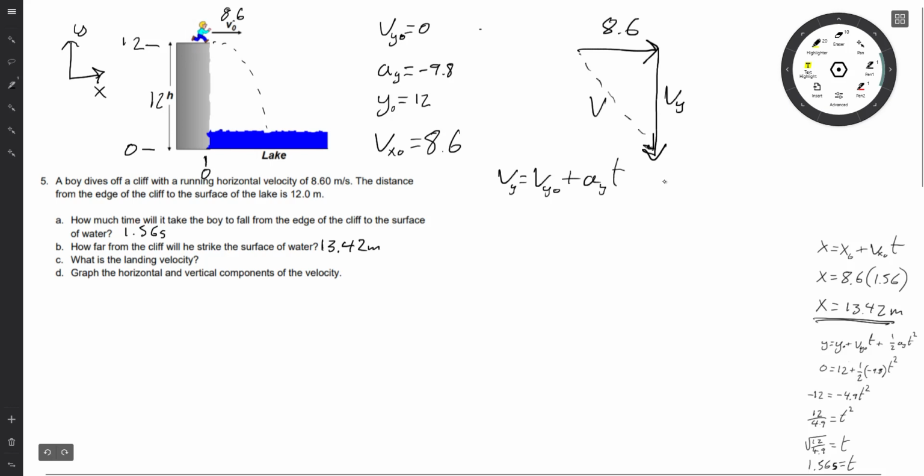We also have the option of not using this time, of actually using this equation, Vy squared equals Vy0 squared plus 2ay times (y minus y0). And this equation should give us the same value, but notice that it is not including time.